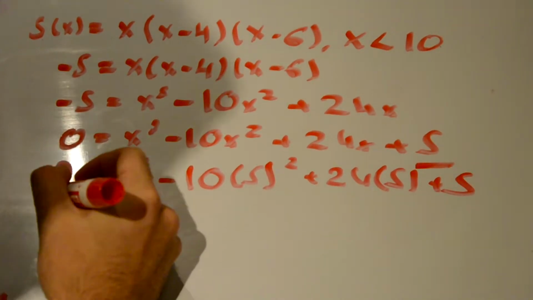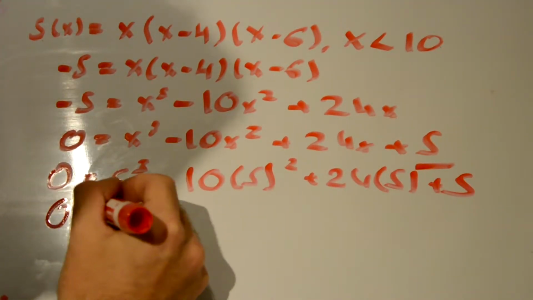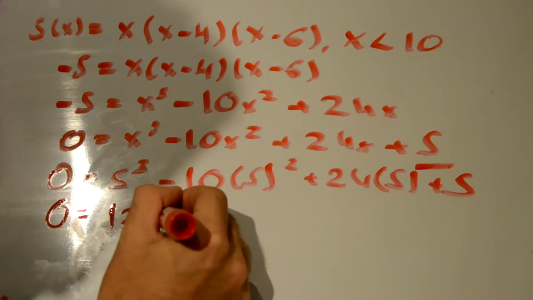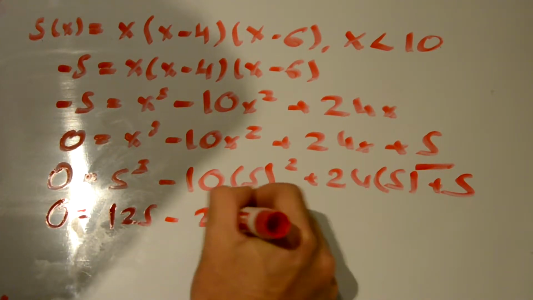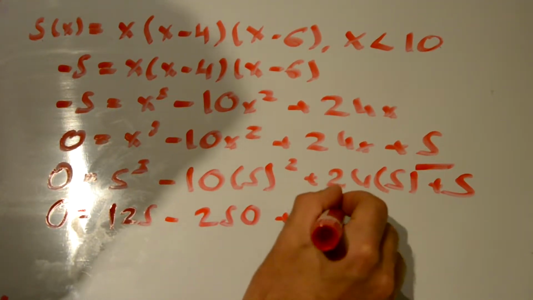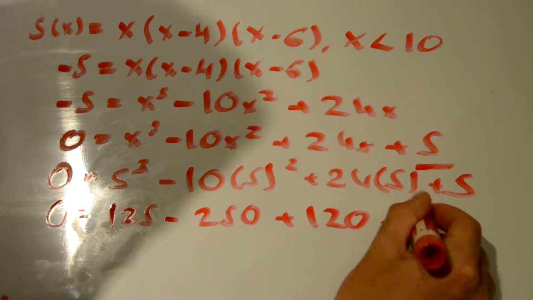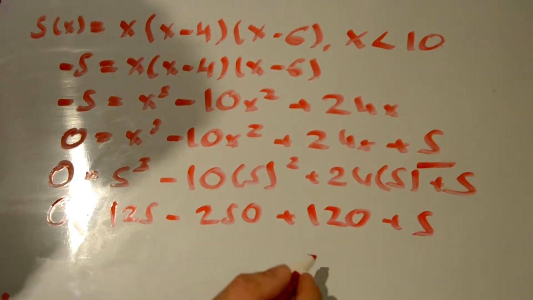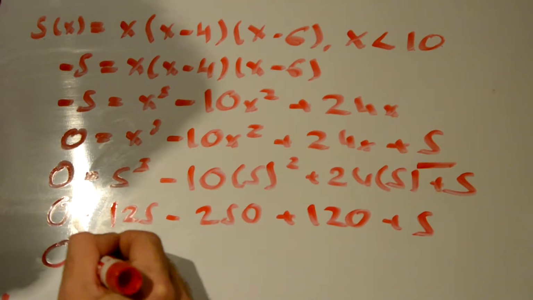After this gives us 0 equals 125 minus 250 plus 120 plus 5. And after collecting like terms, we could see that the equation does equal 0.